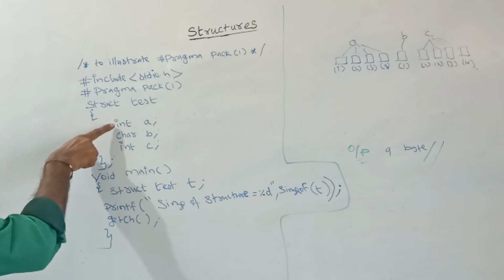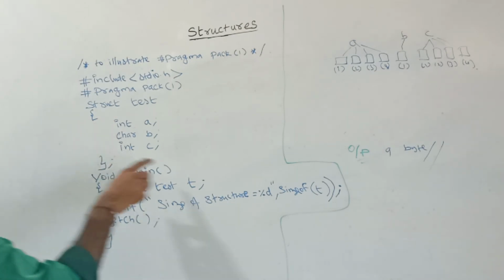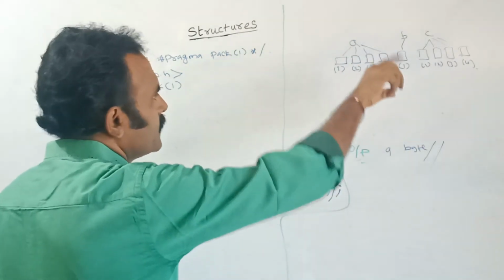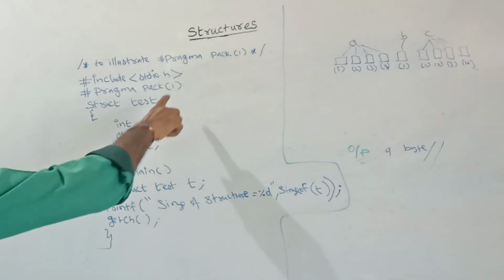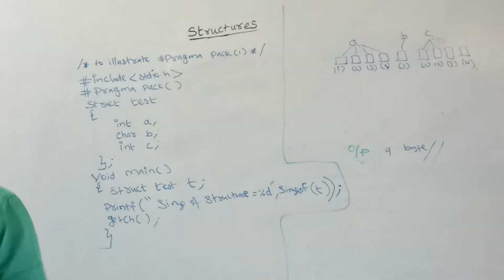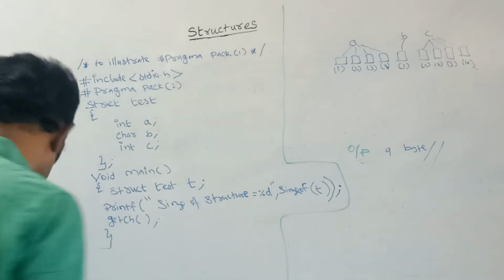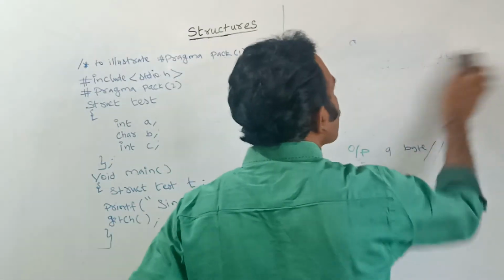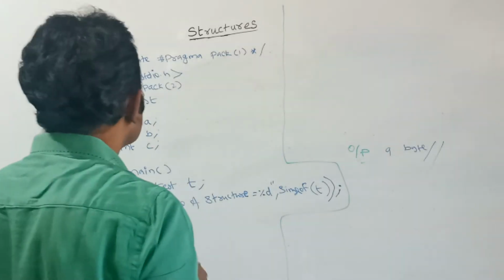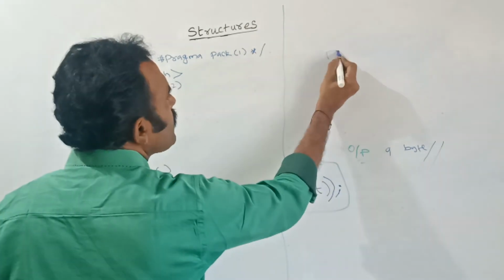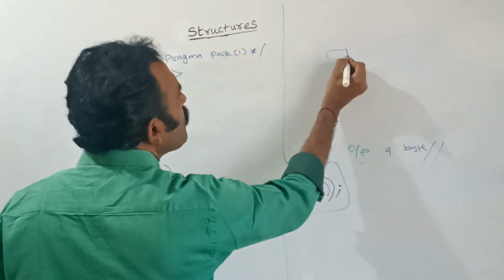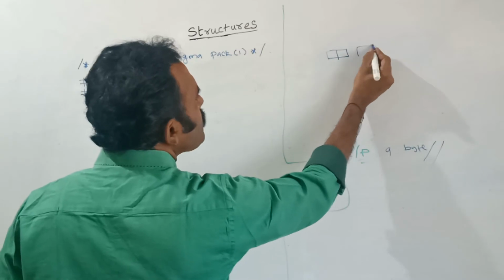Accurately, depending upon this default size, the memory will be aligned. See, next suppose if you are giving 2, here for each cycle 2 bytes.